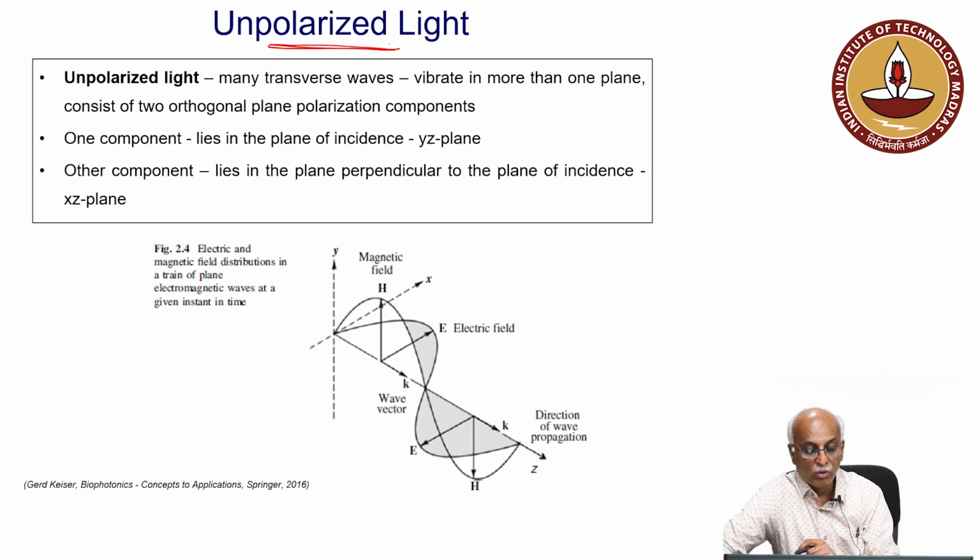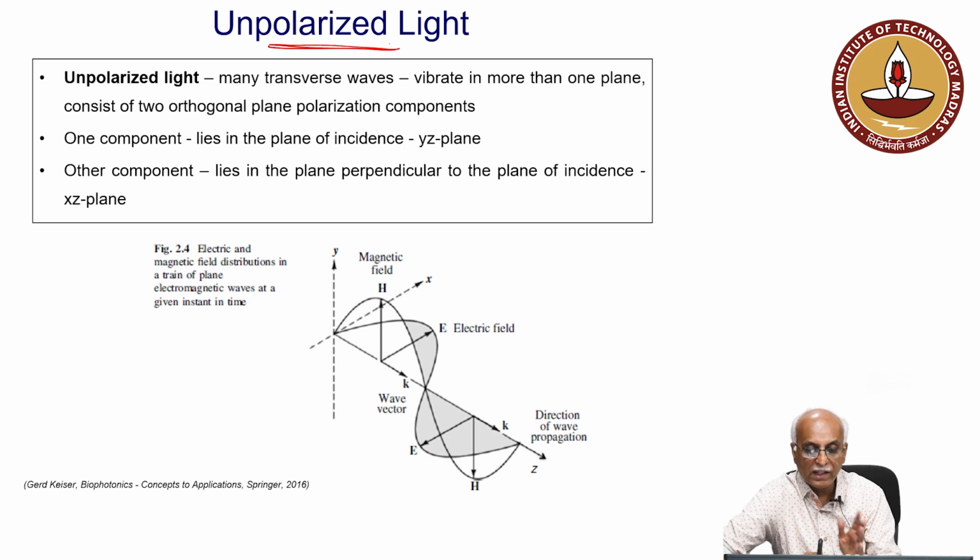We can say that an electromagnetic wave is linearly polarized if there is only one plane of electric field, and correspondingly an orthogonal plane for the magnetic field.